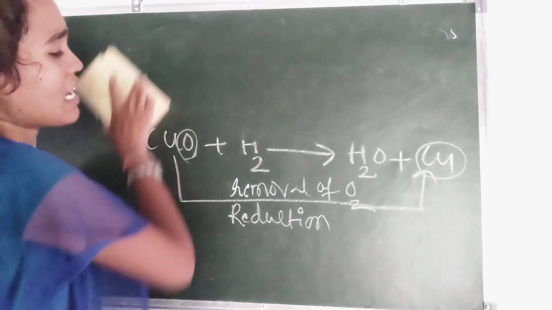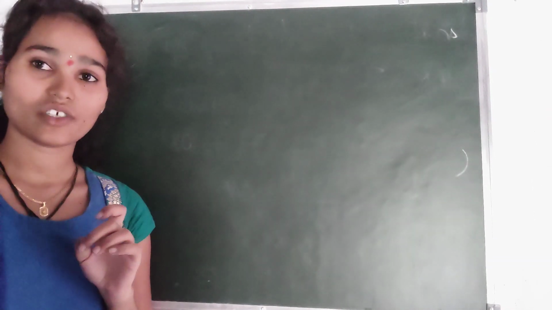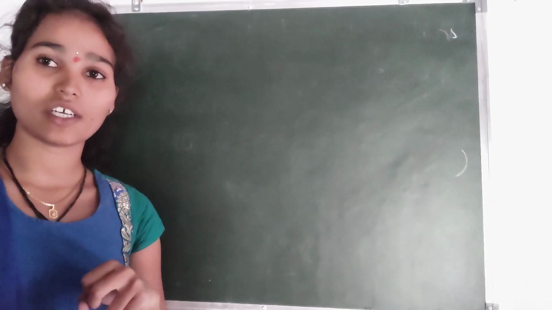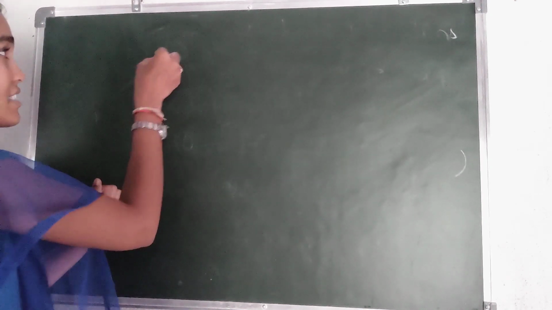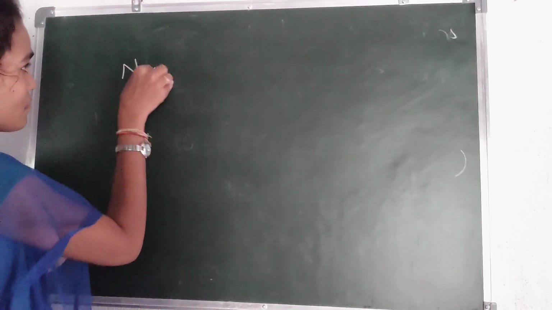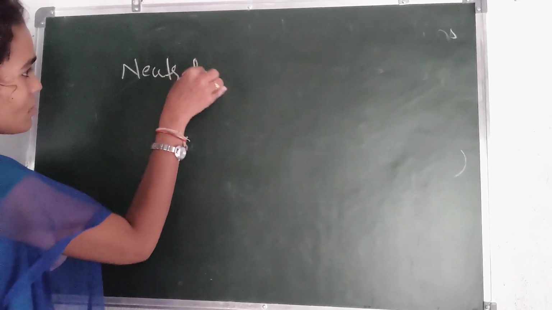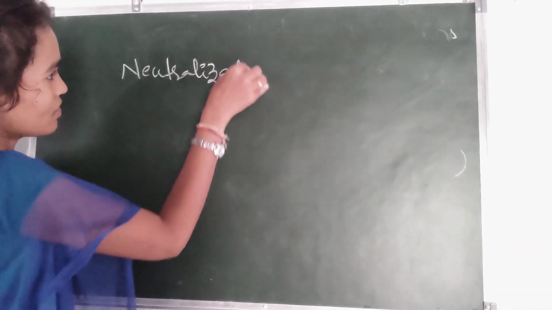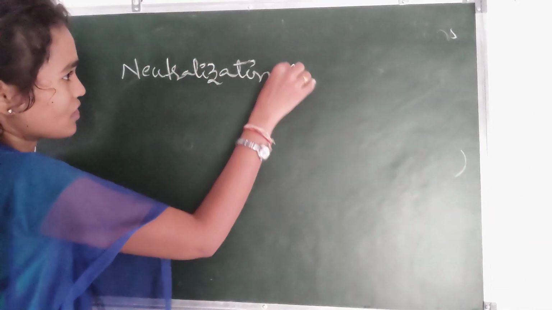In this I want to explain about neutralization reactions and also precipitation reactions. So two reactions. Which reactions are called? Neutralization and precipitation reactions. Now I will explain. First, neutralization reaction.